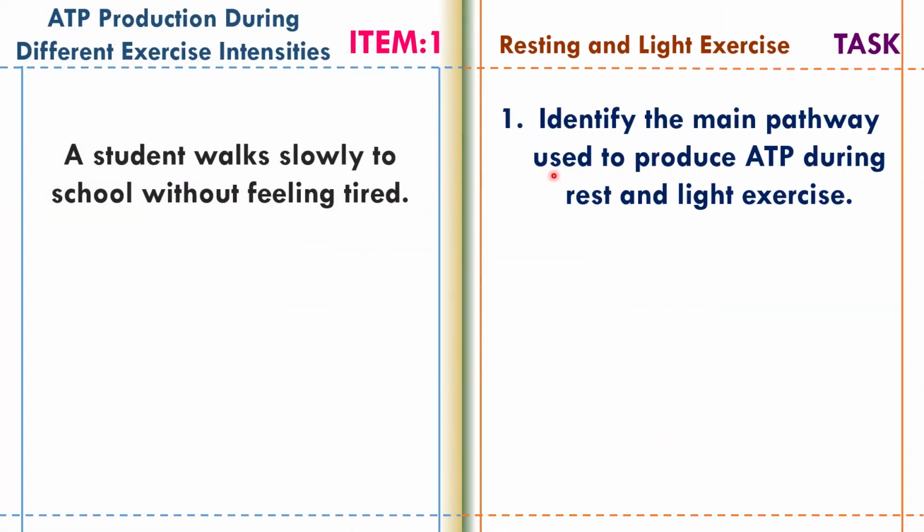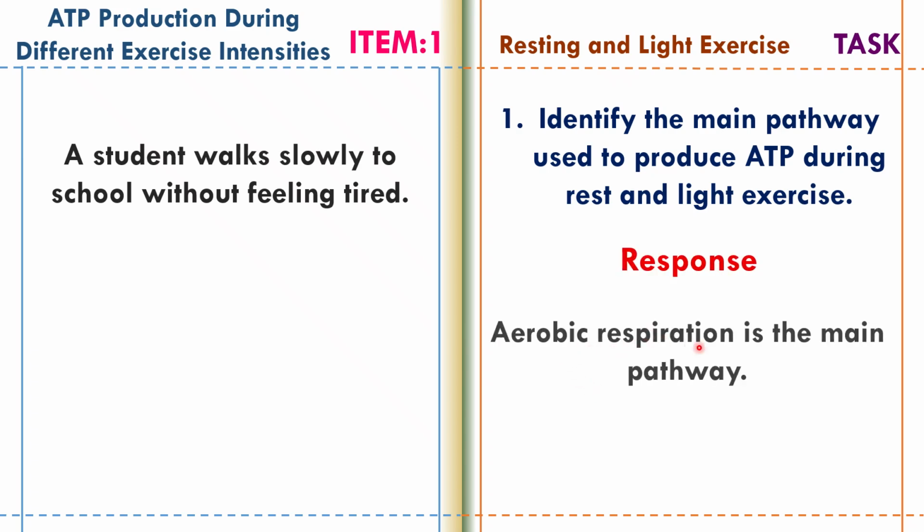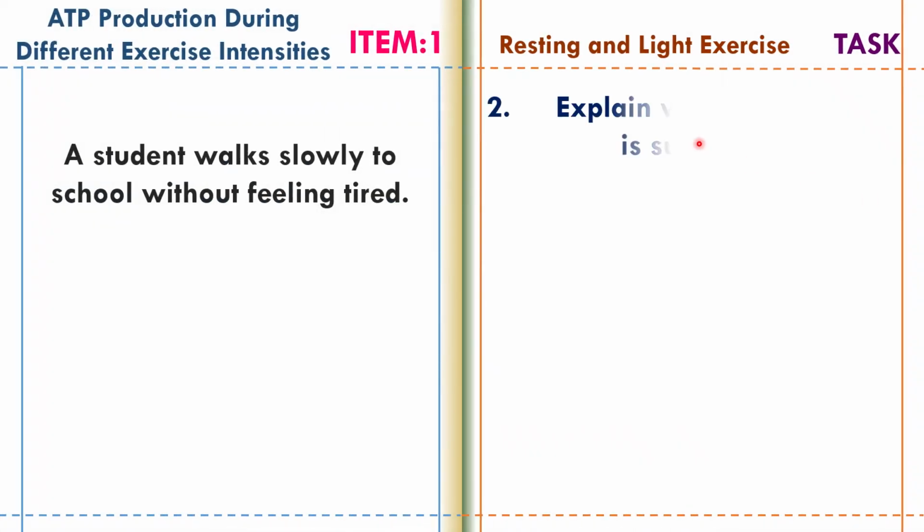Identify the main pathway used to produce ATP during rest and light exercise. Aerobic respiration is the main pathway. Explain why this pathway is suitable.